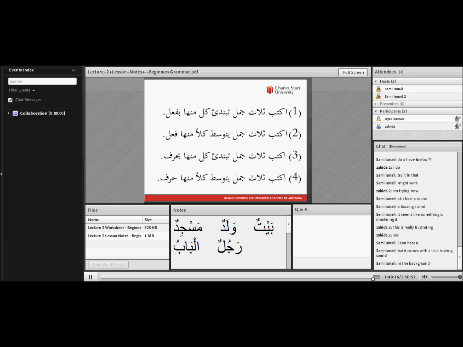A lot of the fi'l madis are three letters and they end with a fatha. This is just to help us recognize the fi'l madis. That's an important point to keep in mind.